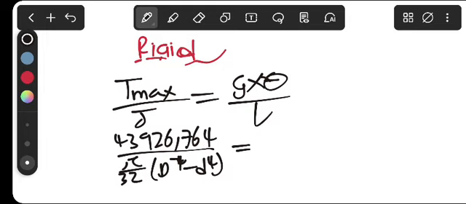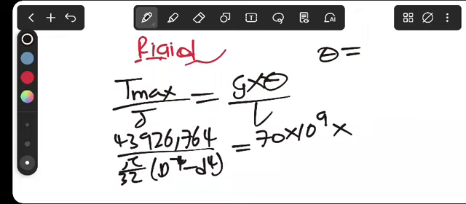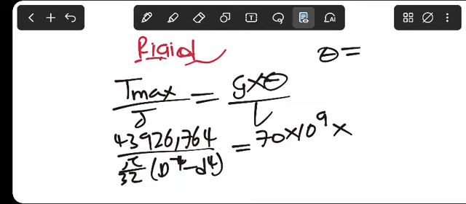It was 70 gigapascal, times 10 to the power of 9. The angle must be in radians. Are we given this angle? Let me check.